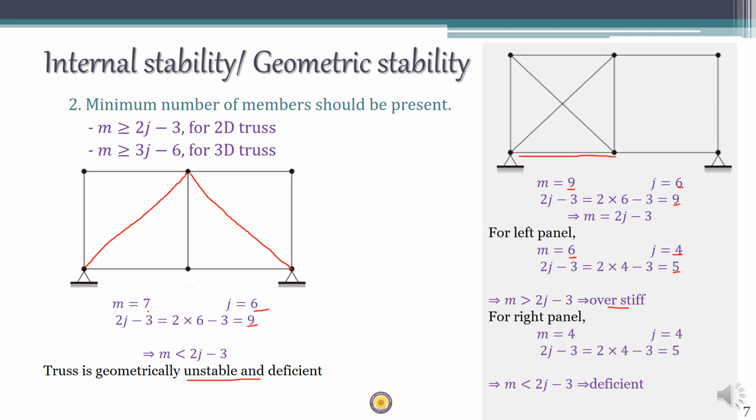If you check the right side, m is equal to 4 and j is equal to 4. So if you calculate 2j minus 3 here, m, which is 4, is less than 2j minus 3, which is 5, which means the right side is deficient. This causes a relative rigid body motion from one side to another, which means that the structure is geometrically unstable.